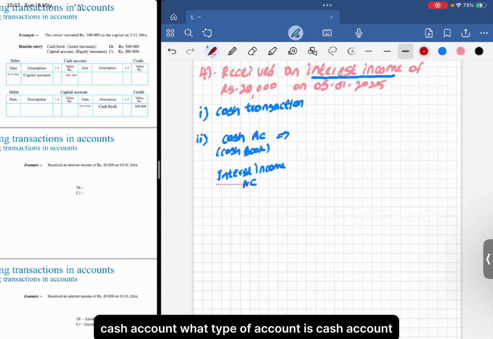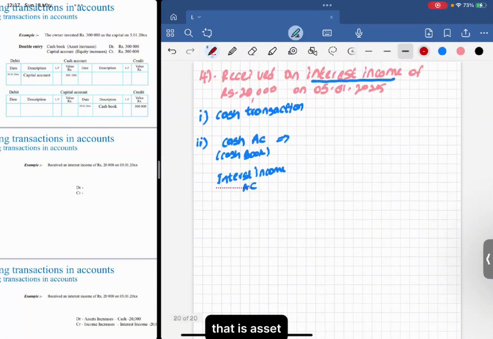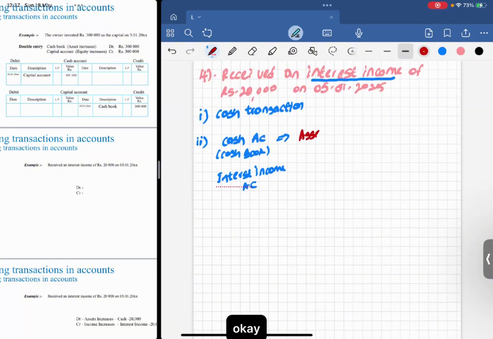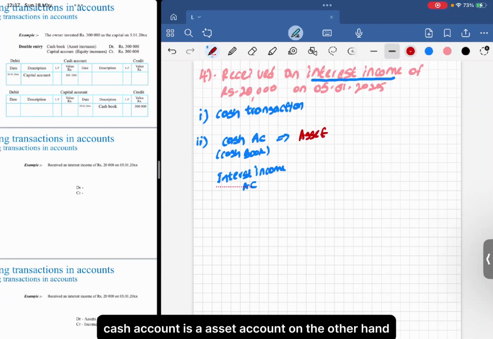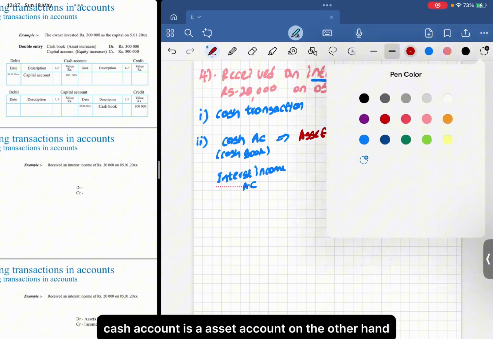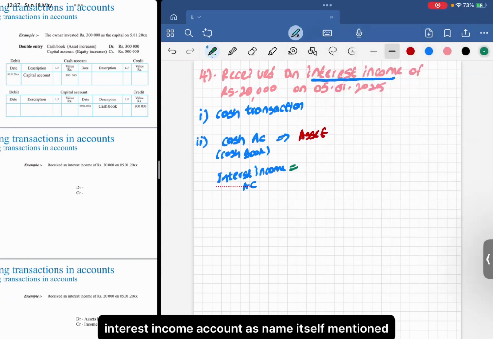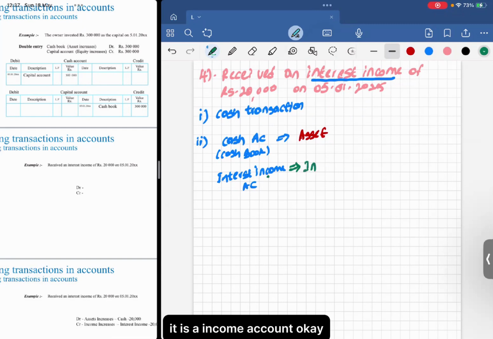What type of account is the cash account, or what is the accounting element related to the cash account? That is asset. So the cash account is an asset account. On the other hand, the interest income account, as the name itself mentions, is an income account.